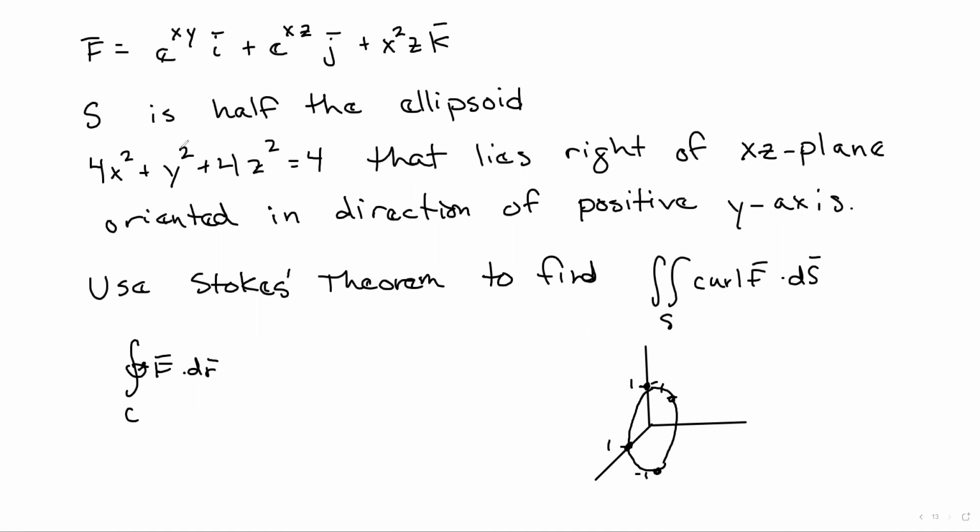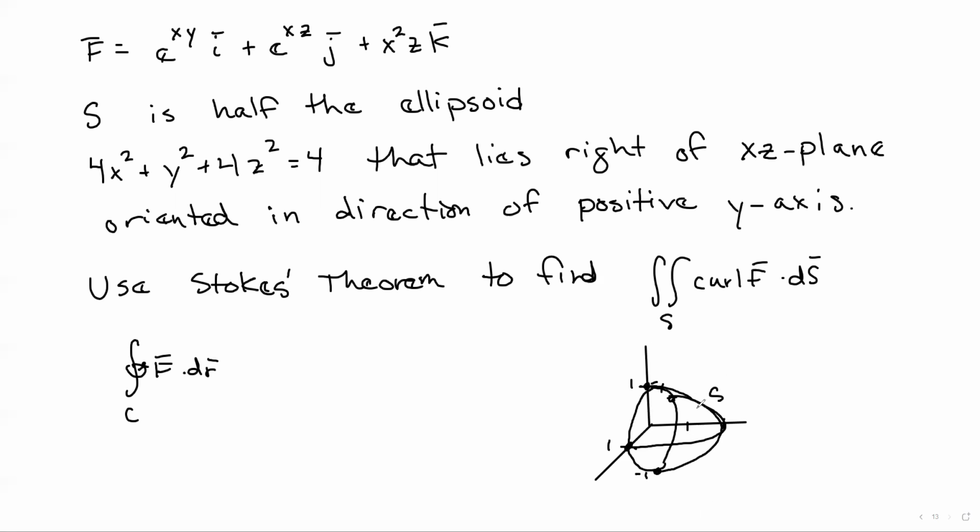Then for y, if x and z are both 0, we get plus or minus 2. And so there's our object. There's our surface, and we need to figure out what curve borders that surface.